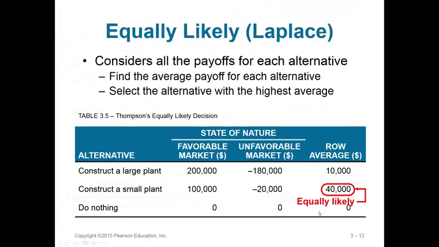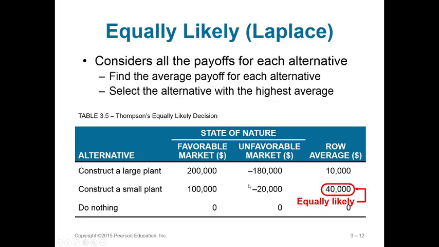If, on the other hand, you look at the Laplace selection and you believe that you don't know what the outcomes are, you can't be more positive or more negative, then you weight each one of them equally out there, and you try to find, if all situations are equally likely, which one is most likely to occur. And you apply, in this situation, since there's only two states of nature, 50% favorable, 50% unfavorable.